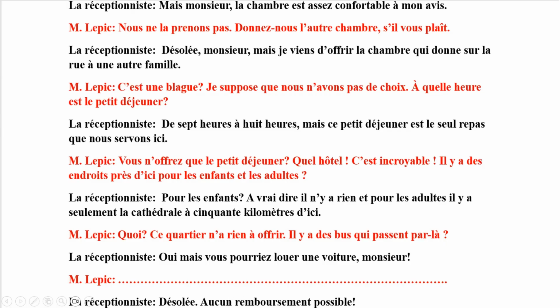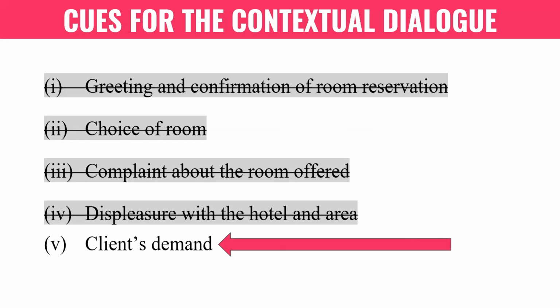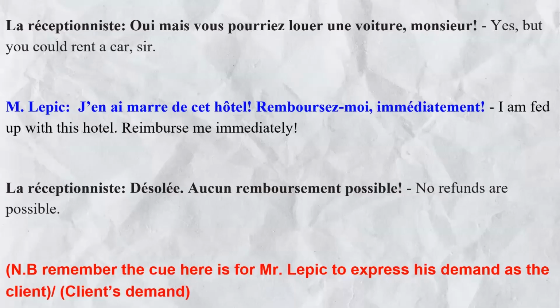So based on that response, we can assume that what Monsieur Le Pic asked for, or what he demanded, was a refund. So based on that knowledge, we give our response. J'en ai marre de cet hôtel. Remboursez-moi immédiatement. I am fed up with this hotel. Reimburse me immediately.